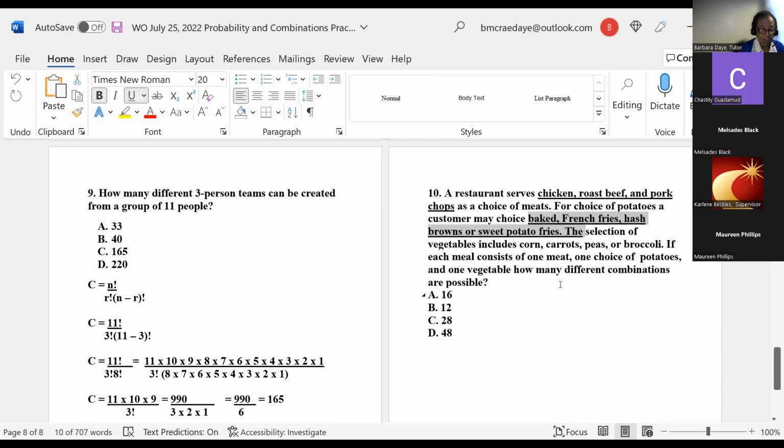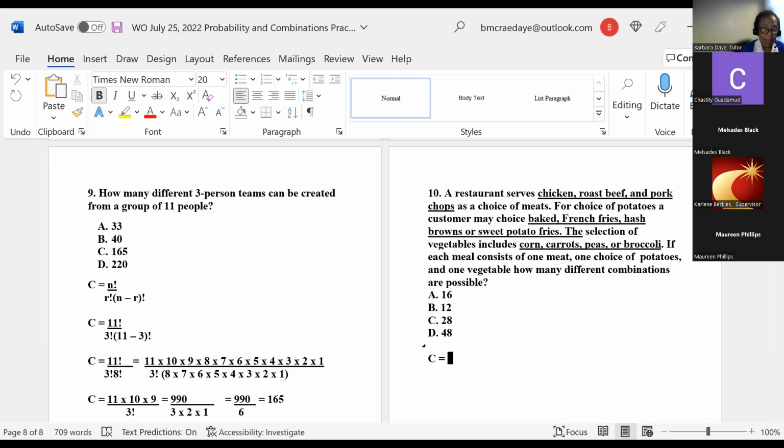How many choices of veggies? Corn, carrots, beans, 4 choices. So multiply them out, and what's your answer? You don't have to use a formula. Just multiply.